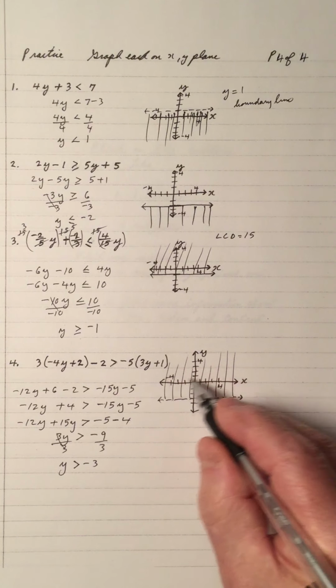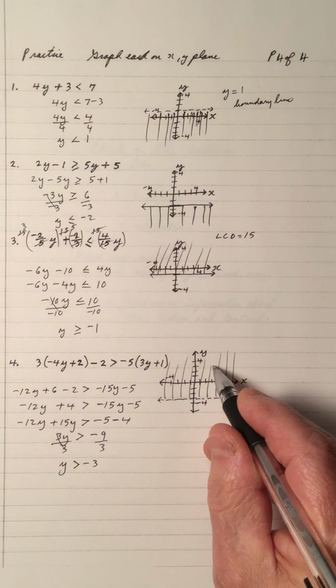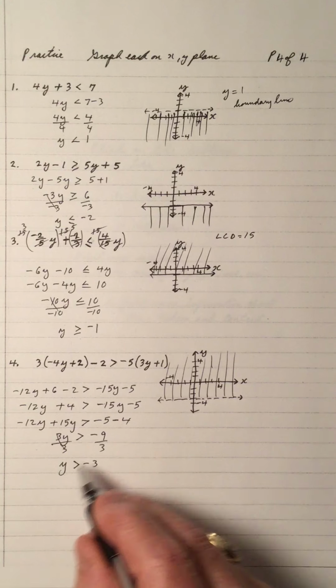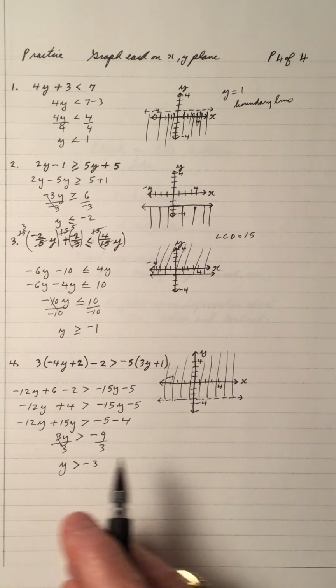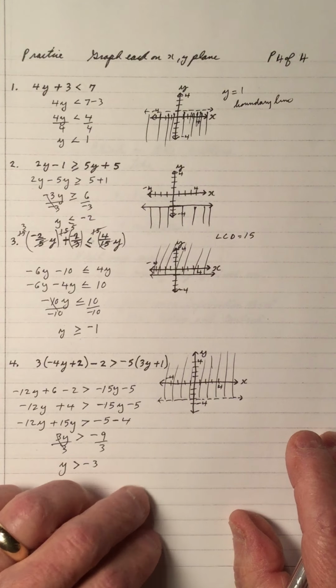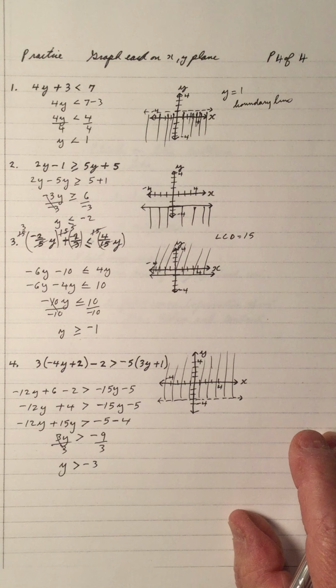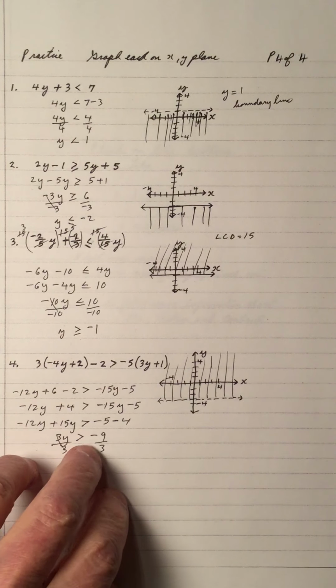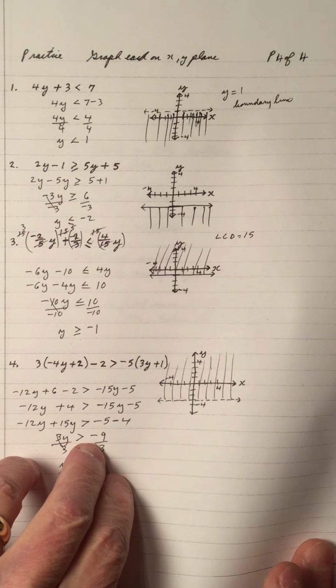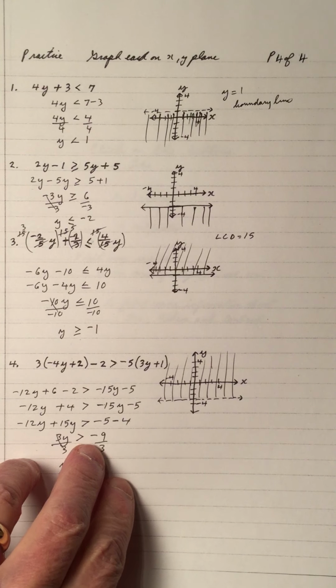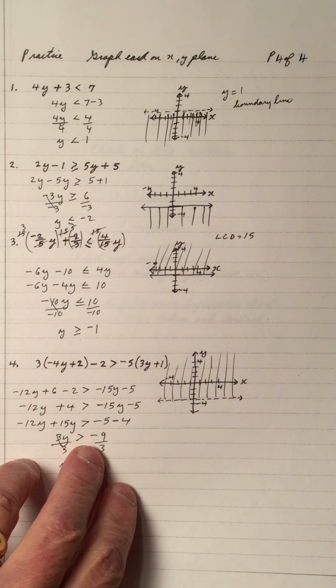So all points above this line will have all y coordinates greater than negative 3. So that brings us to the end of looking at graphing a horizontal inequality, horizontal boundary line. And the horizontal boundary line above is greater, below is less.